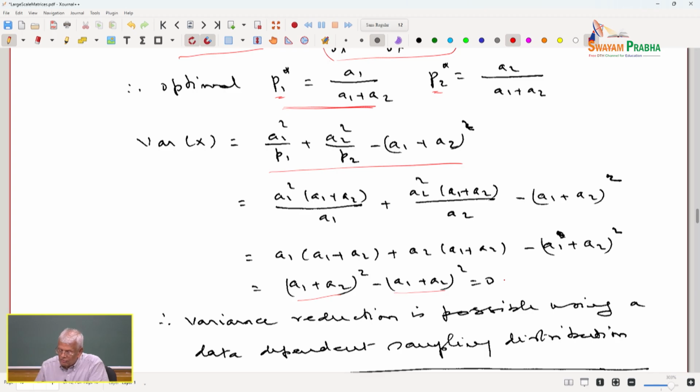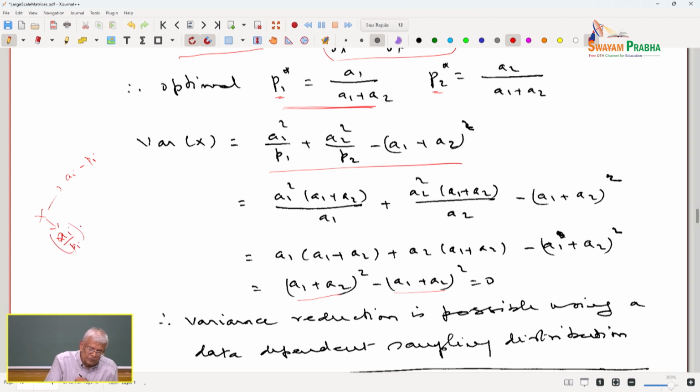So, this is the reduction of variance from uniform sampling to specialized sampling Pi, and what is Pi? Pi is related to P1 star, P2 star, they are related to the values that X was originally taking. So, originally X was taking a value Ai with a probability Pi. Now, I sample A and scale the value by Pi.